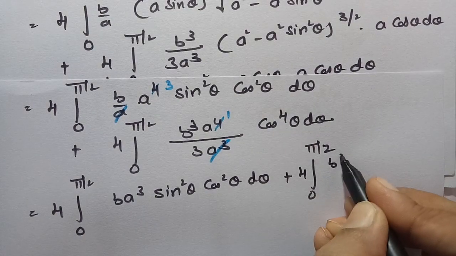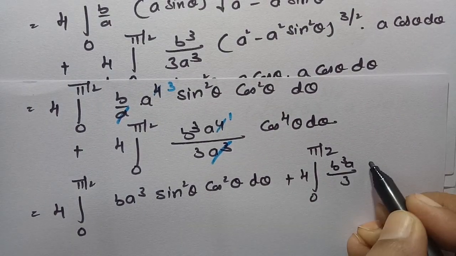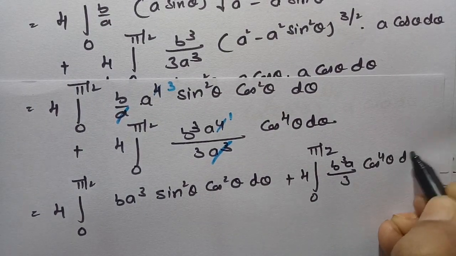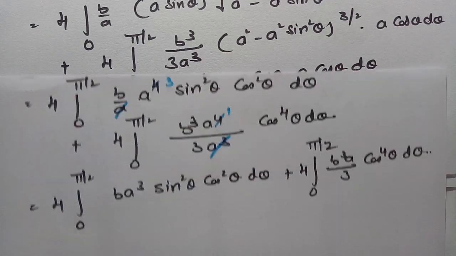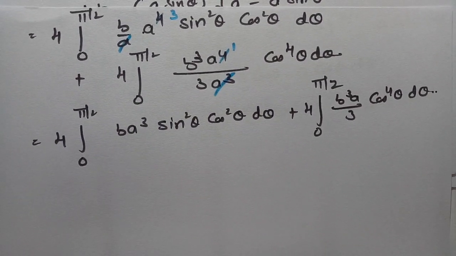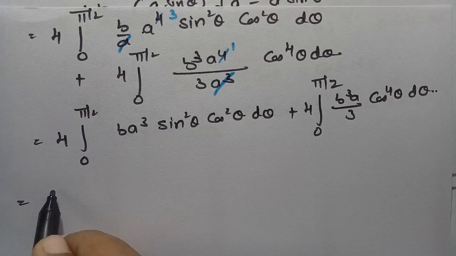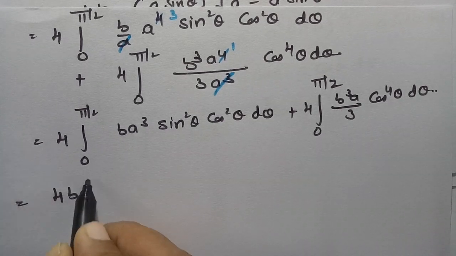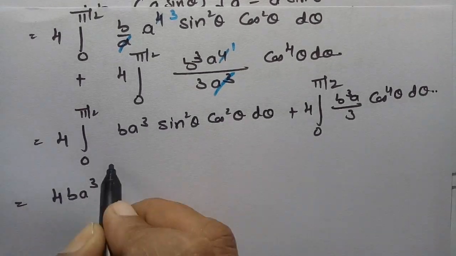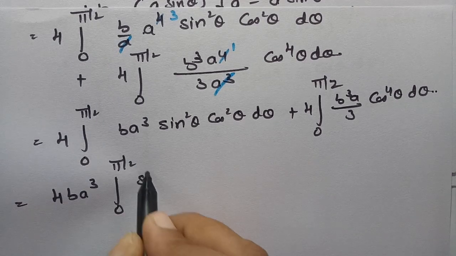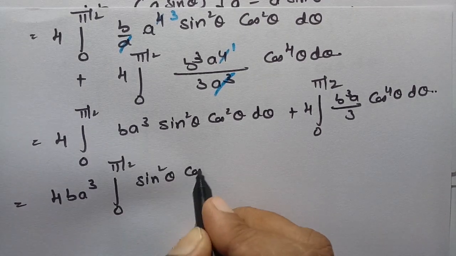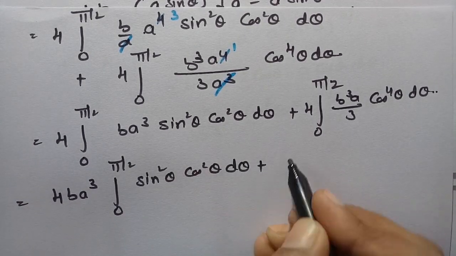Then this will be b cube a by 3, cos power 4 theta into d theta. Now we have to solve this. So this will be 4 b a cube, integral from 0 to pi by 2 of sin square theta cos square theta into d theta.